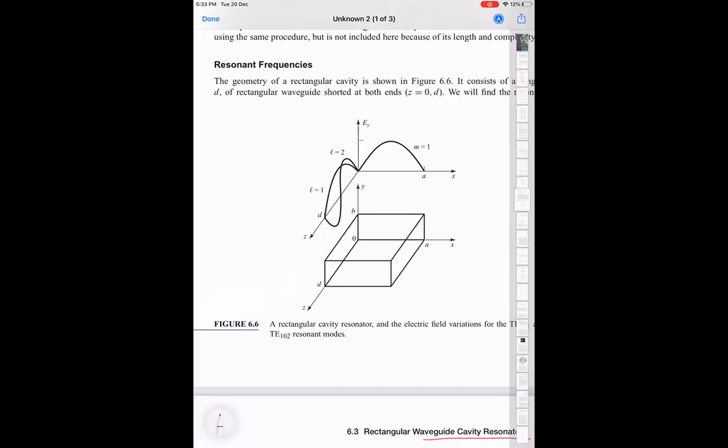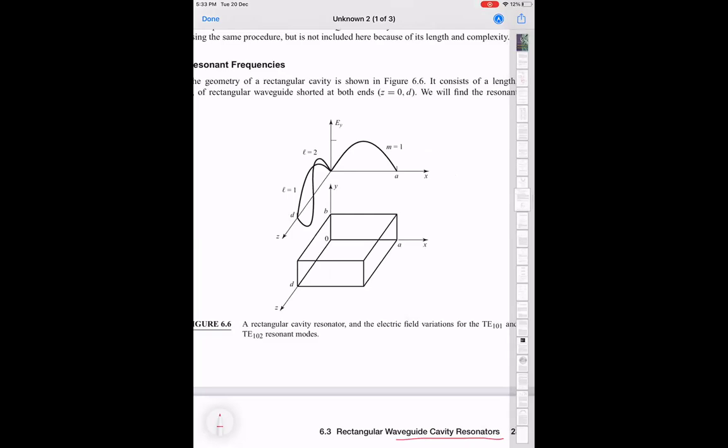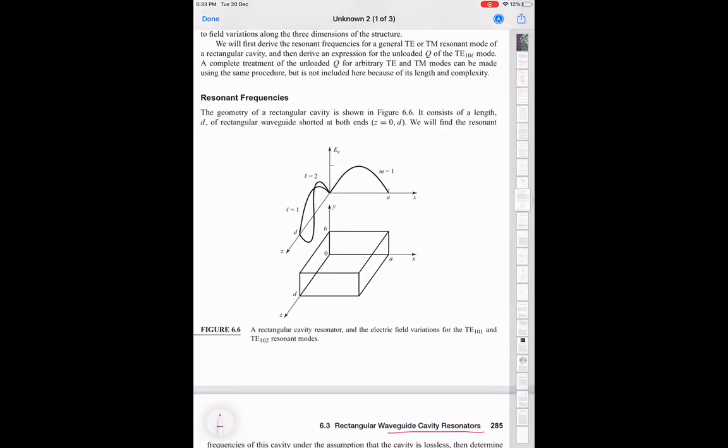So if you think about TEM modes in these or TE modes in these systems, then these boundary conditions will set up the conditions for having standing waves. So here is one example shown where they're saying this is the field variations for TE101 and 102 modes.